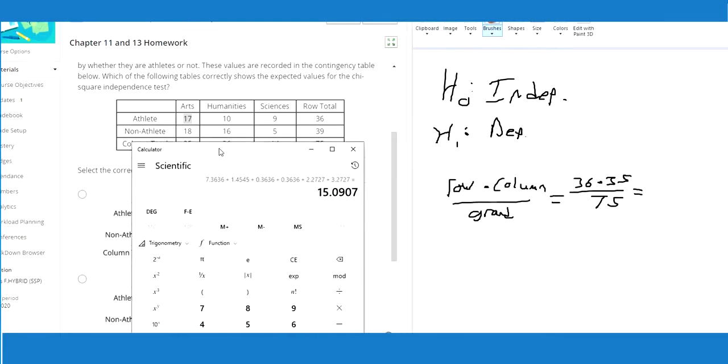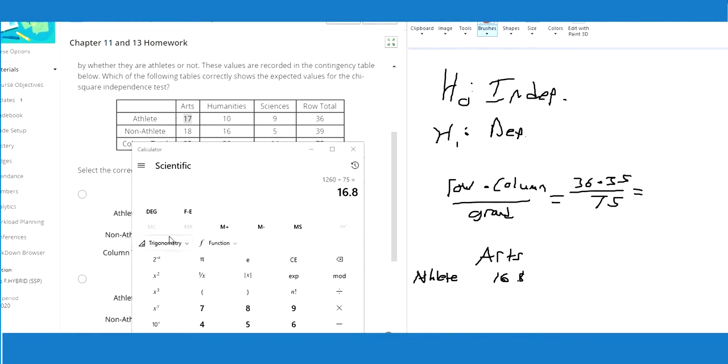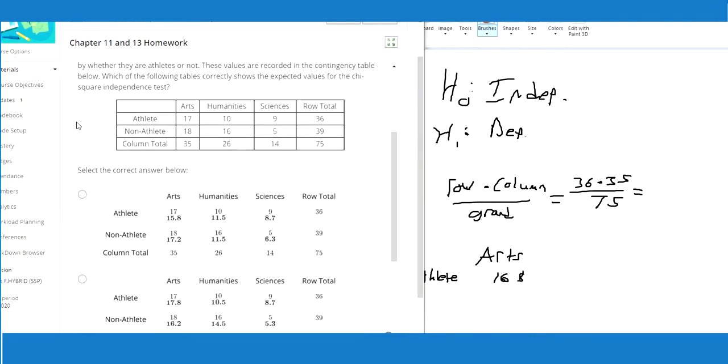So if you multiply 36 times 35, then divide by 75, we expect 16.8 students to be athletes in the arts in this sample. So assuming they're independent, if you have 75 students, we expect 16.8 of them to be arts and athlete students.